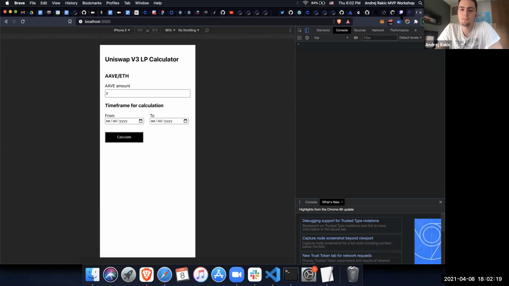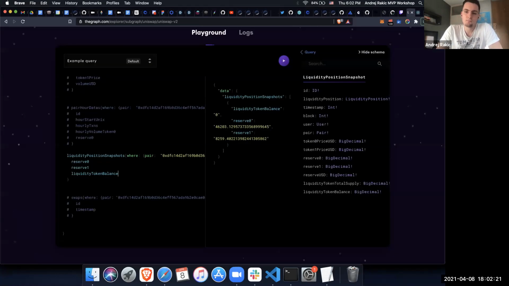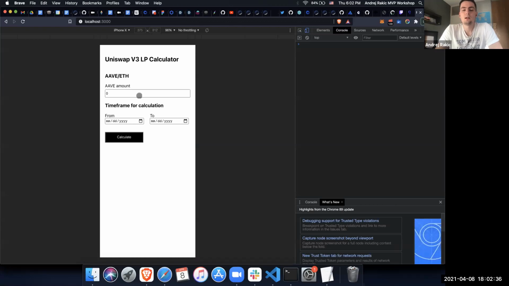So we took it. They have these liquidity position snapshots on their subgraph. This is a free endpoint. You just need to write proper GraphQL queries, which we have done. And this is a simple part of Daniel's design.